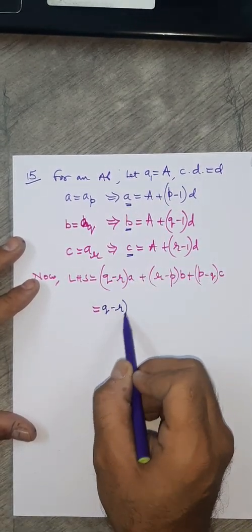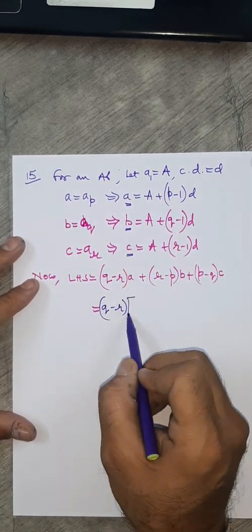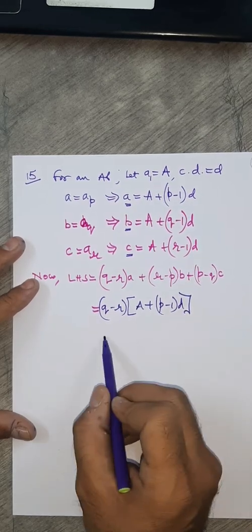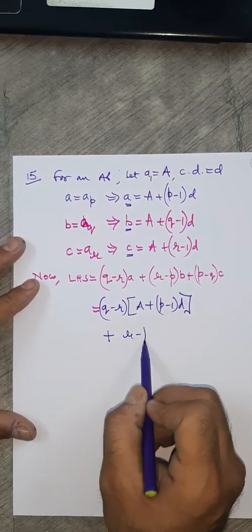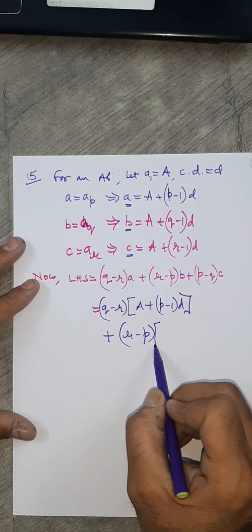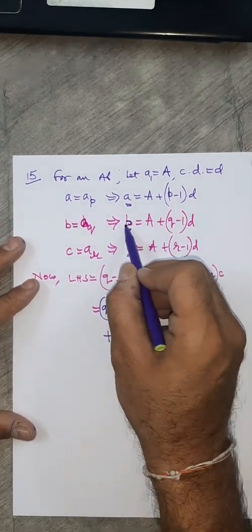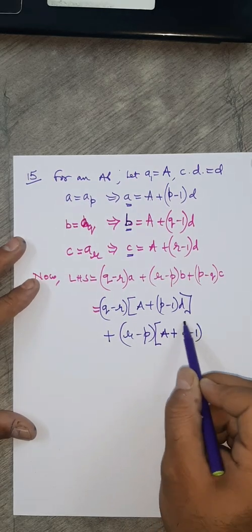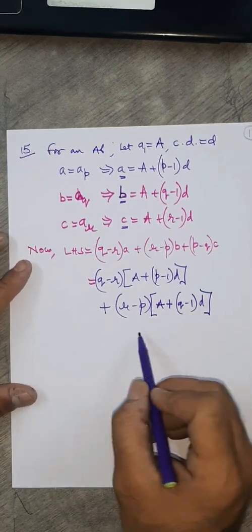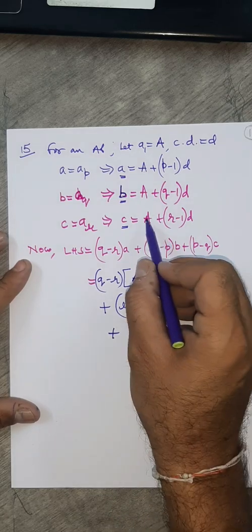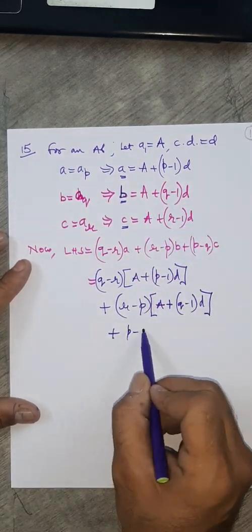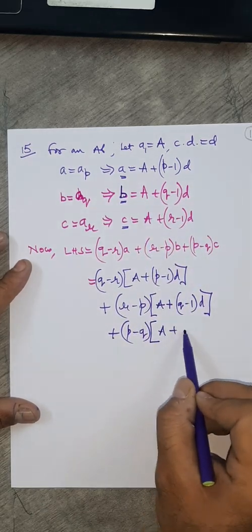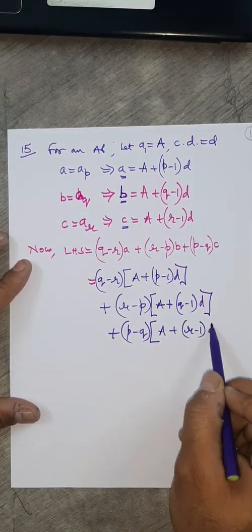So q minus r into a, that is this much, A plus p minus 1 into d, plus r minus p into b. What is b here? This much. This is b, A plus q minus 1 into d, plus now the last term here, that is p minus q into c. What is c? That is A plus r minus 1 into d.